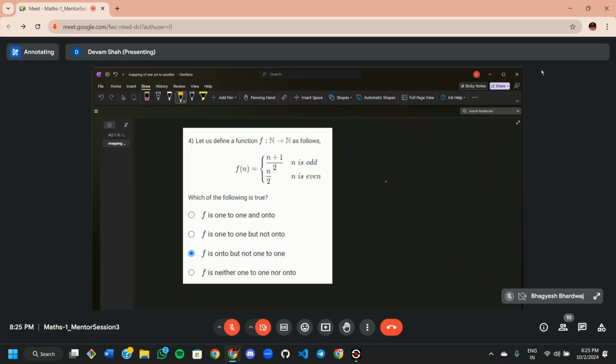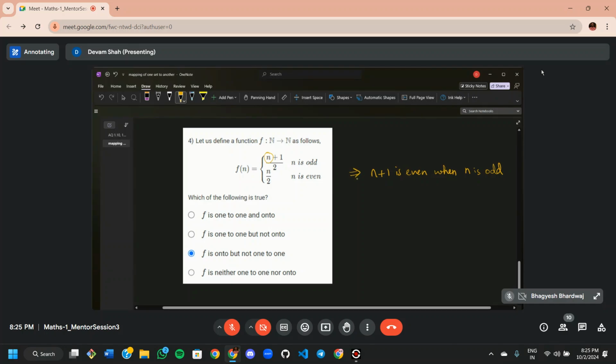Now when n is odd, if you add one, what will it become? It will become even. Yes or no? Yes, sir. So if an even number is divided by two, it will still be a natural number. So when n equals one, f of one equals one.